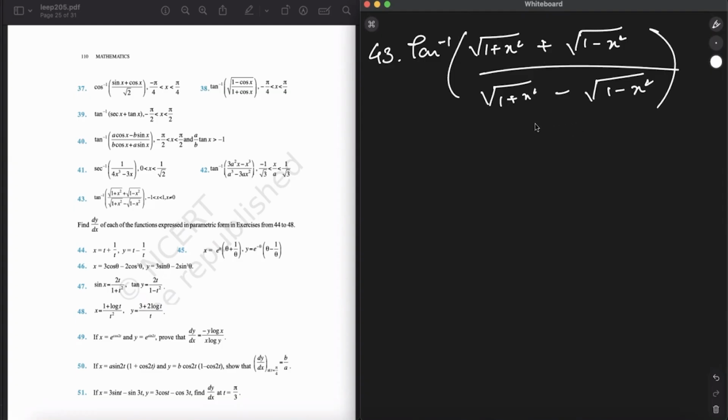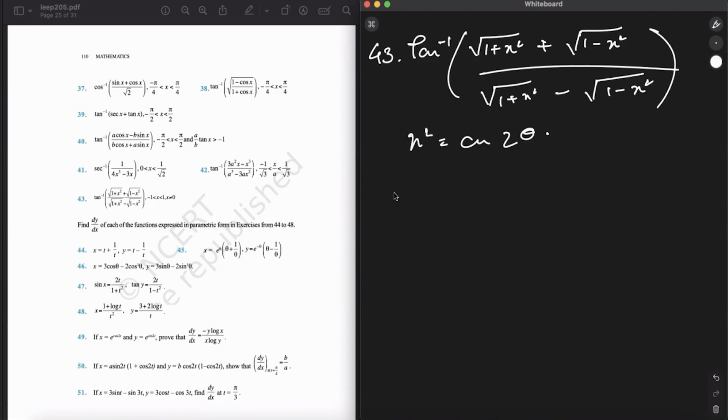Alright. So what can I do? Think. I'll try to put x square is equal to cos 2 theta. Can you tell me why?